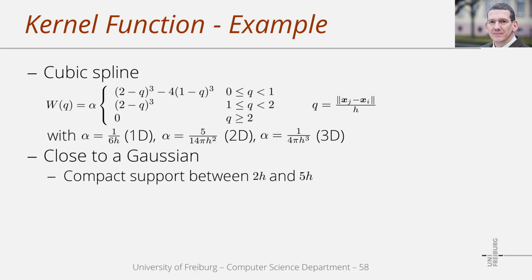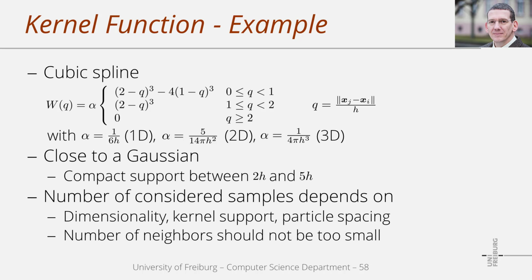In our context, we very typically work with a support of 2h. The kernel support governs the number of neighbors that are considered in an SPH approximation. The support should not be smaller than 2h in order to work with a sufficient number of samples in SPH approximations, but on the other hand, larger supports negatively affect the performance.